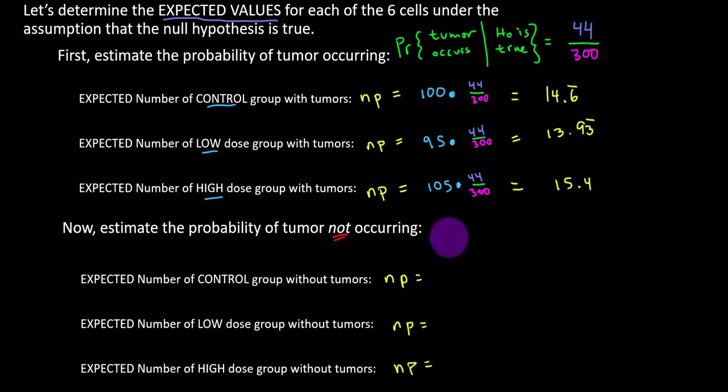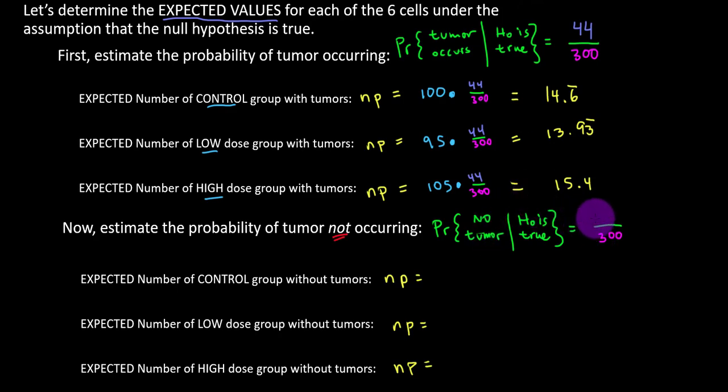P is the probability of no tumor occurring, again under the assumption that the null hypothesis is true. So out of the 300 rats, how many of them obtained a tumor?